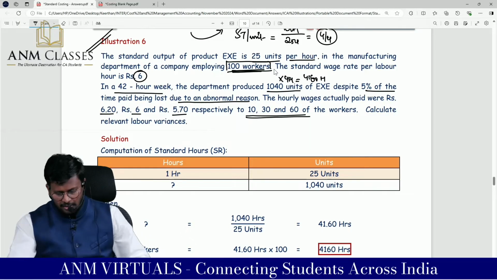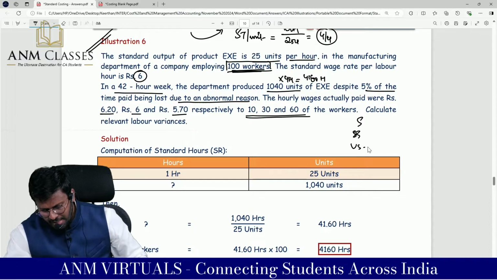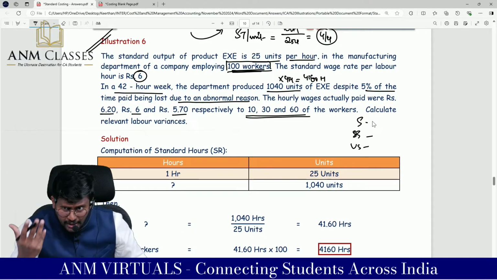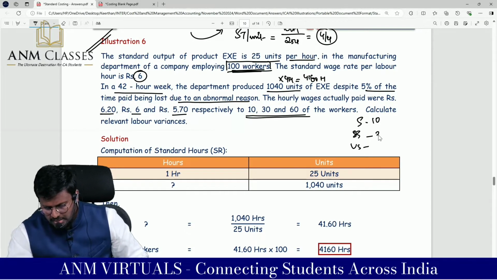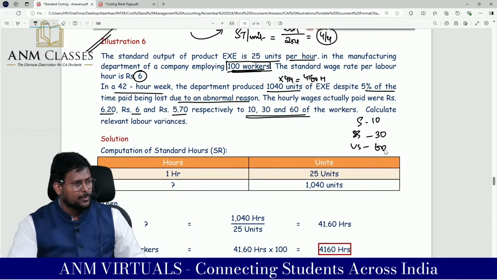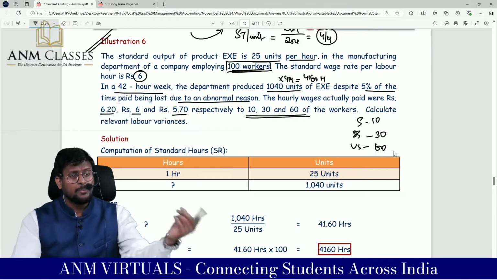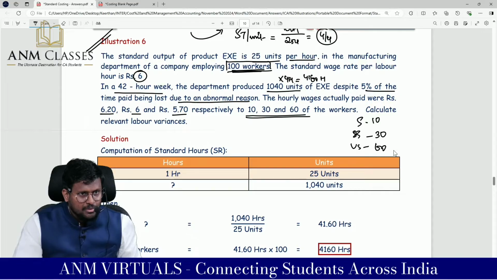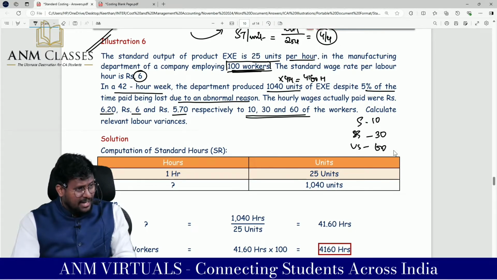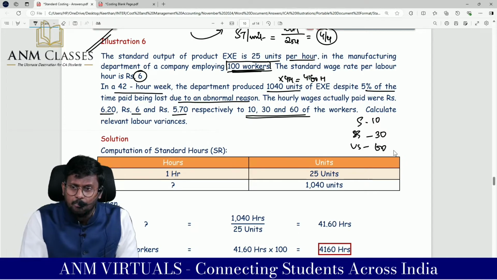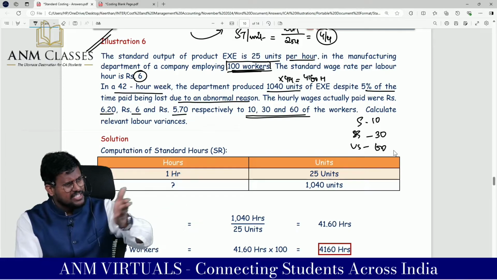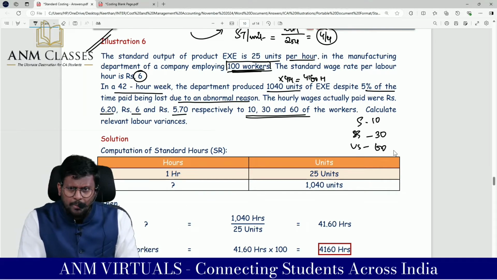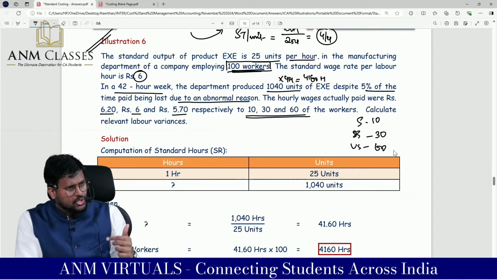Let us assume they are skilled, semi skilled and unskilled: 10 skilled, 30 semi skilled, 60 unskilled. But they have not given the standard mix at all. So I cannot treat this as a multiple grade product. I cannot assume that actual mix is equal to standard mix.